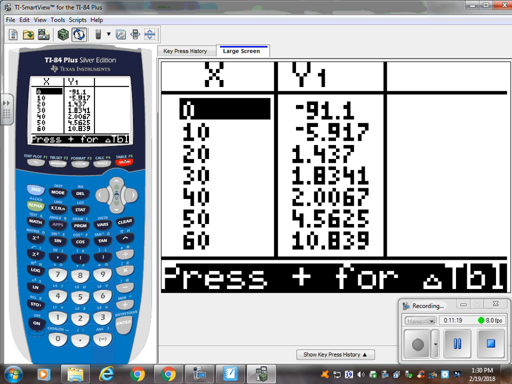But then you'll plot the other ones because 60 on the other one is 11.7, so this is a little low. And 20 was 1, and that's a little high because that's what 30 was. So it all kind of evens out. Some of them are a little low and some of them are a little high, and it fits to the curve pretty good though. So I'm going to pause the video while you make your graph.